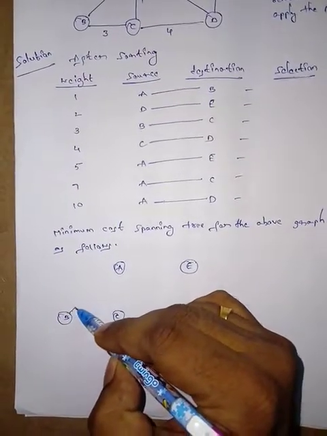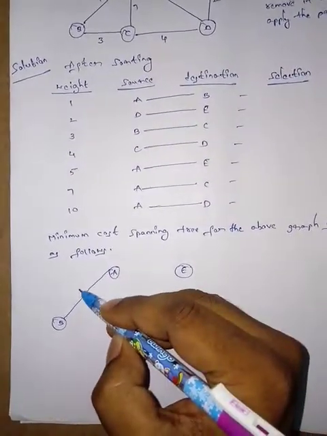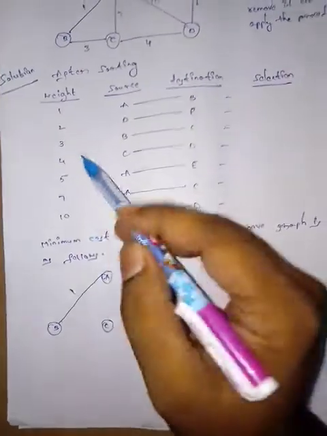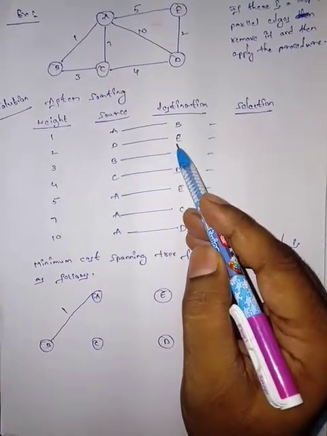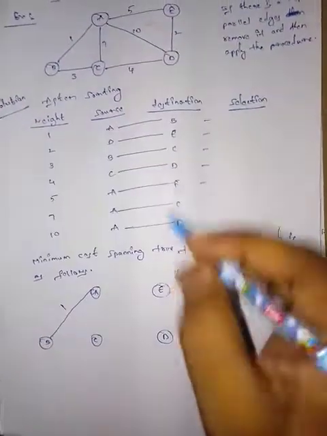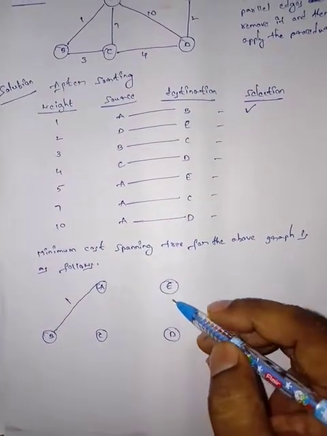This edge does not form any cycle, so include it. The next minimum cost is 2, D to E. This edge also does not form any cycle, so include it.